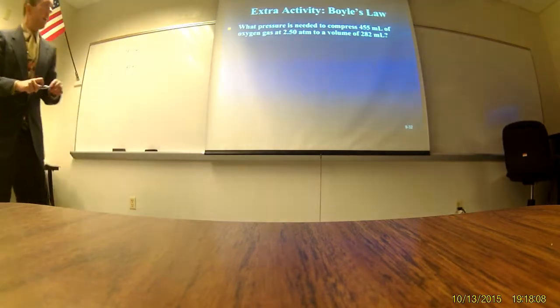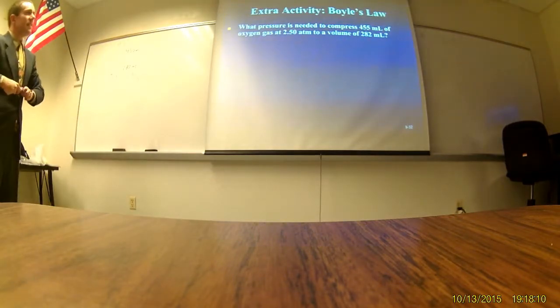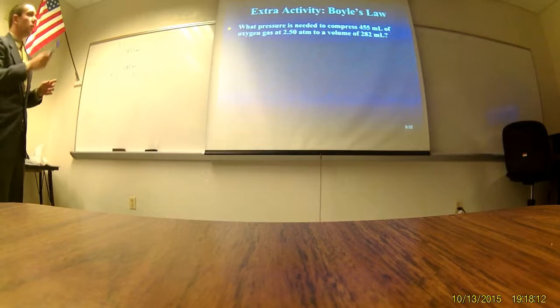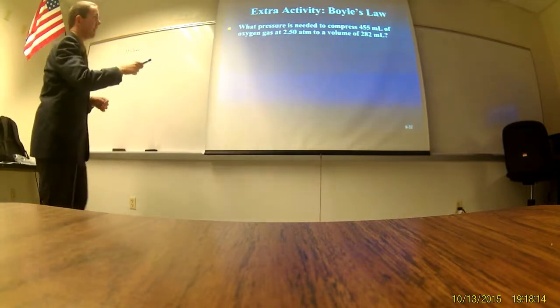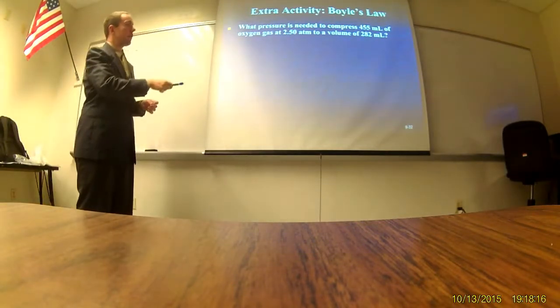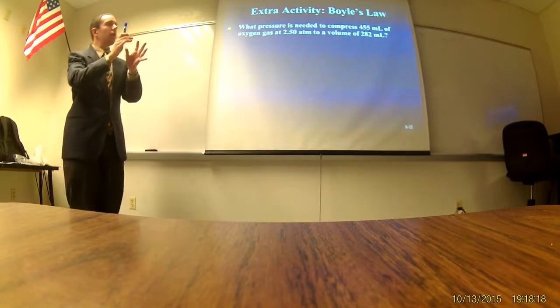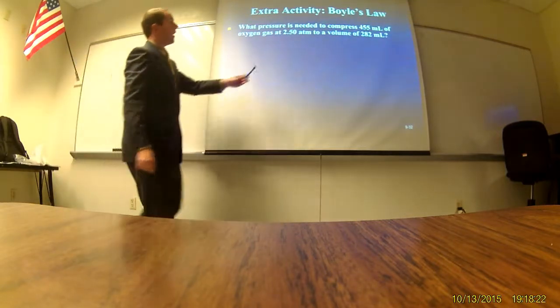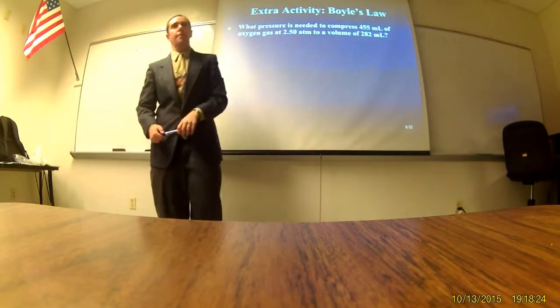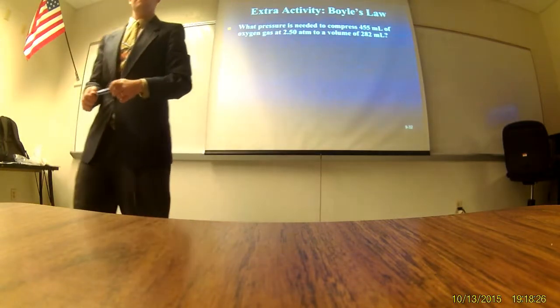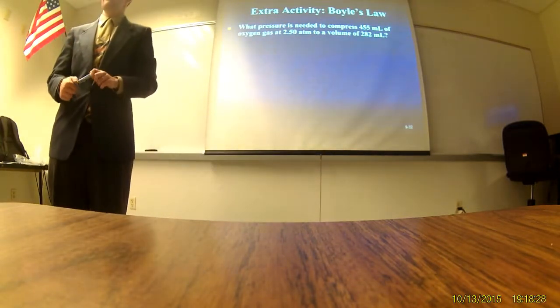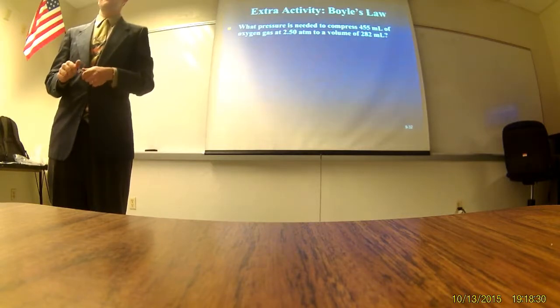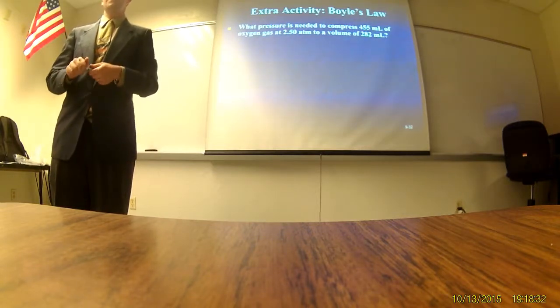So it says, what pressure is needed to compress 455 milliliters of oxygen gas at 2.5 atmospheres to a volume of 282 milliliters? Is 2.5 atmospheres P1 or P2? It's about 50-50, right?